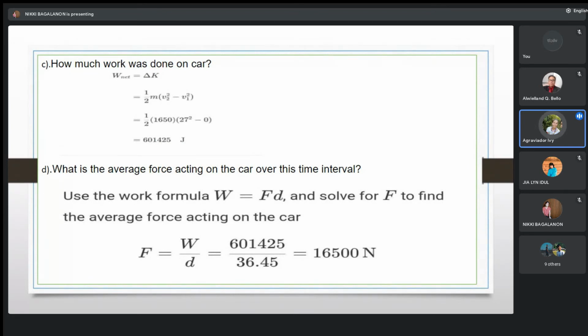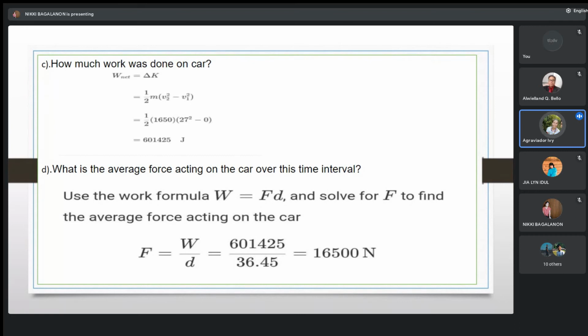How much work was done on the car? Work equals one half mass times final velocity squared minus initial velocity squared. One half times 1,650 times 27 squared minus 0 equals 601,425 joules.